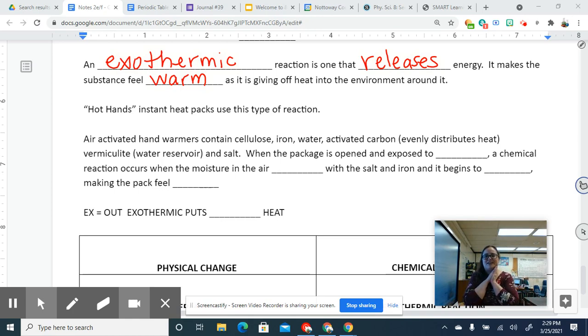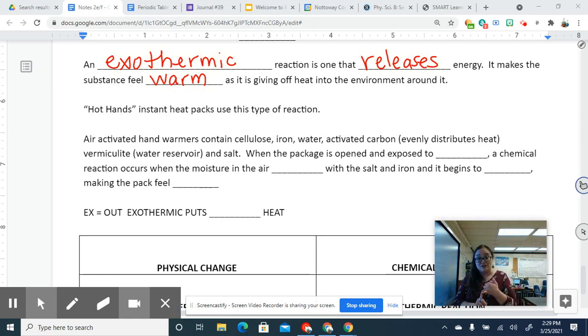Hot hands are used by hunters, people in band, people that are out hiking, camping. It's an air-activated hand warmer. And once you open a little plastic and it's exposed to air, the reaction begins.